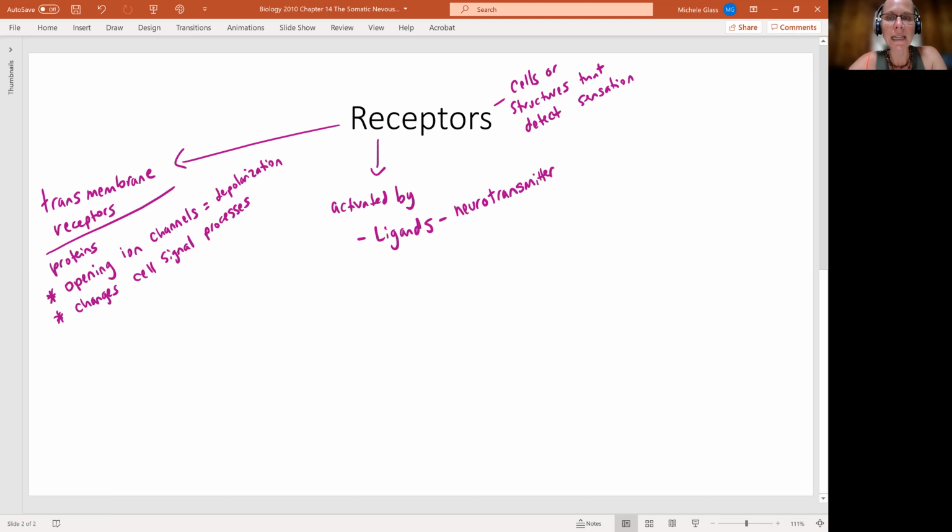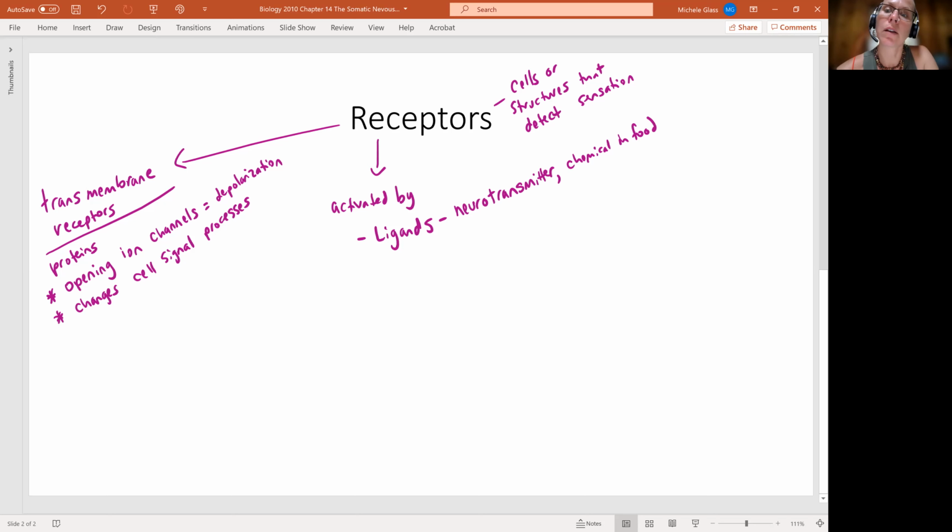And so ligands can be neurotransmitters. We'll also see that ligands can be something like a chemical in food. So when we talk about gustation or our sense of taste, it's different chemicals from our food that are binding to these ligands and stimulating those receptors.